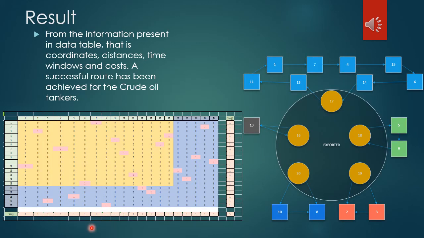When the first dataset of distance matrix, cost matrix, capacities, and time windows is taken into consideration, we get a specific route, which is shown in this figure, where nodes 16, 17, 18, 19, 20 are the exporting countries and the rest of the nodes are the importing countries. Therefore, the model formulated in this project successfully runs and the demand of crude oil from the importing countries is met by the exporting countries.